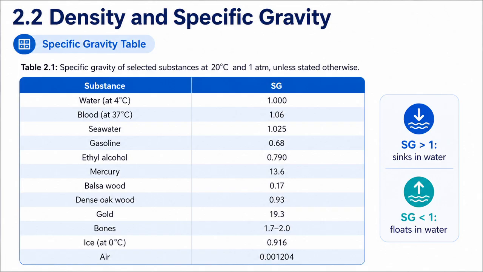That means the same volume of mercury or gold contains much more mass than the same volume of water. The practical interpretation is if Sg is greater than 1, it sinks in water. If specific gravity is less than 1, it floats in water. This is the reason why wood floats in water, but metals and such types of substances will fall into the water.